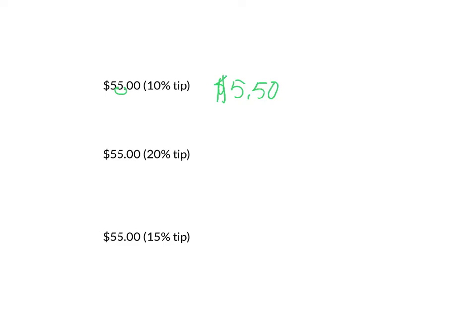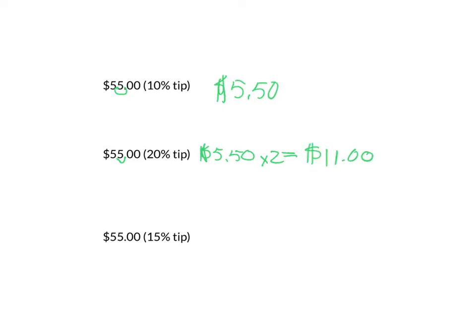So when you go to a full service restaurant, and if you're really impressed and they did a really good job, you're going to go 20%. Well, we know that 20% is 2 times 10%. So again, we'd have 5.50, but then we need to take that times 2. And 5 times 2 is 10, 50 cents times 2 is 1, so we know that our tip would be $11.